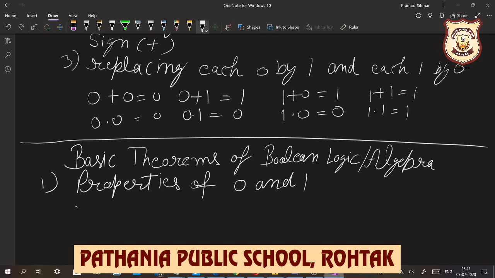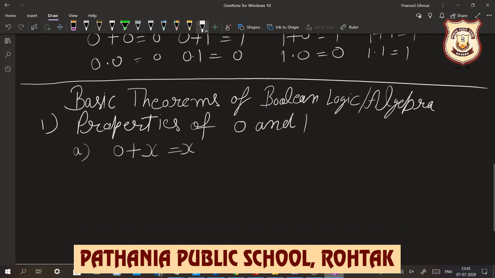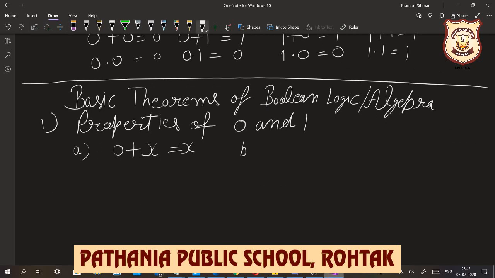So in the first case, in A, 0 plus x is always equal to x. 0 plus x always x. And in B, 1 plus x always 1.